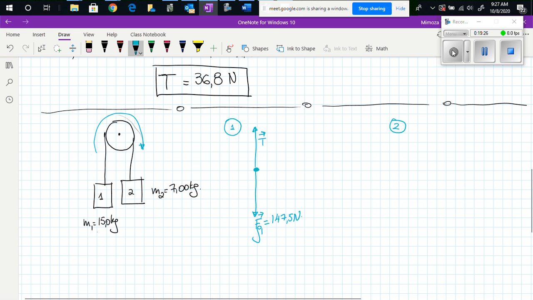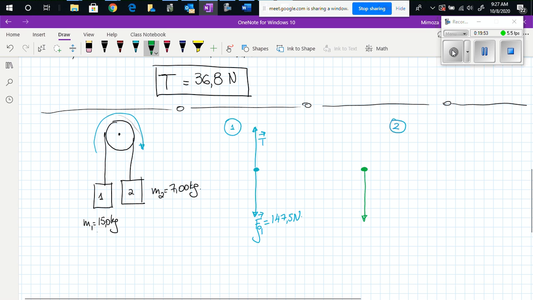There are no other forces here. Again, force normal is the main confusion for the students. The force normal doesn't exist here because the object is not on the surface, not on top of a surface.